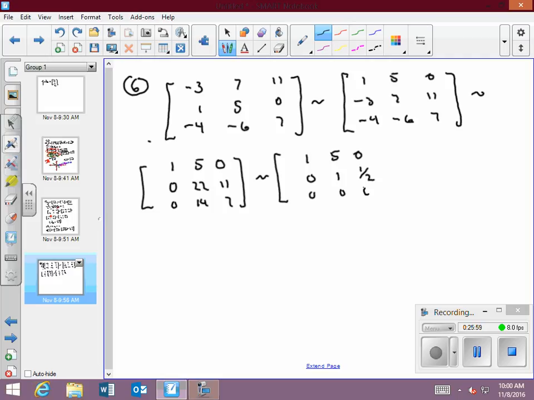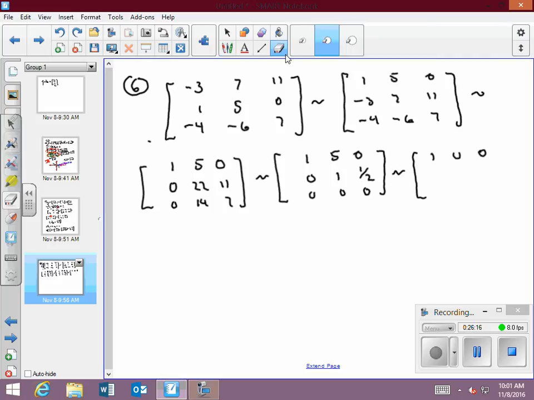And then this is 0, right? And now I gotta go second row times a minus 5. That's it, minus 5. So this is going to be a minus 5 halves. And then it's 0, 1, 1 half, 0 equals 0.